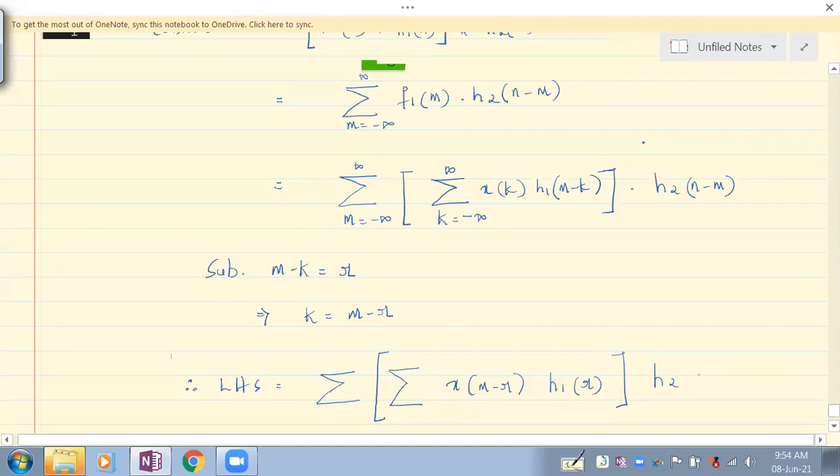So m would be k plus r. So it is n minus k plus r in the bracket. So this is how we shall have this. And this m minus r what we have, let's not go with this. Let this be k only.